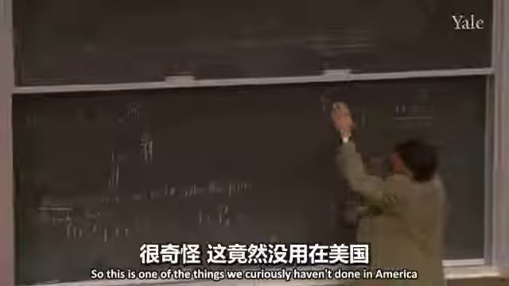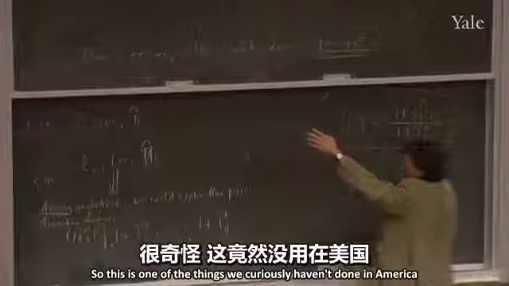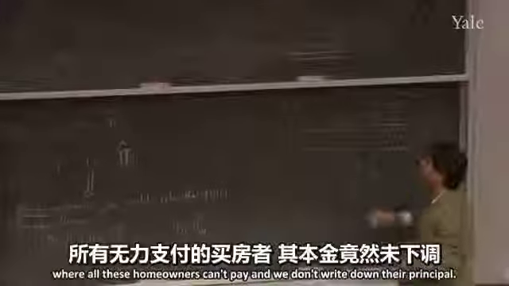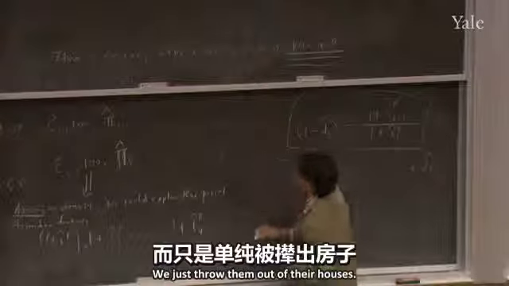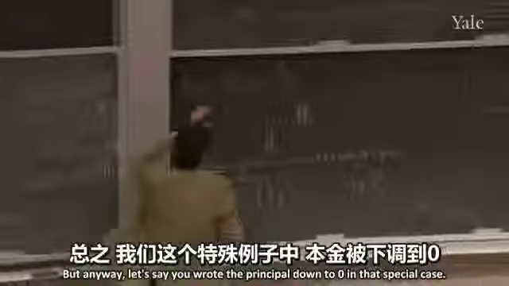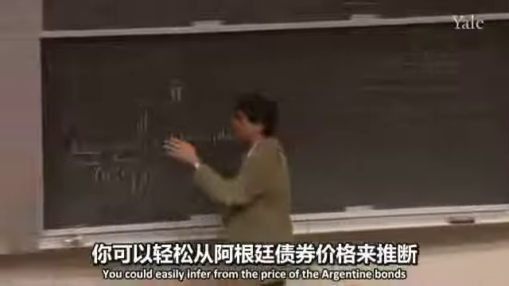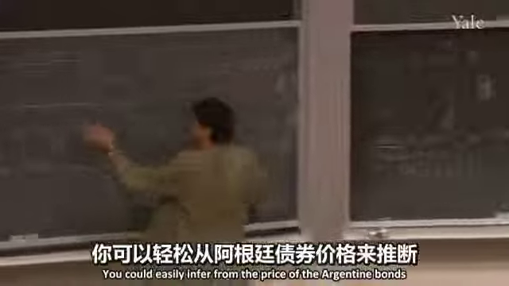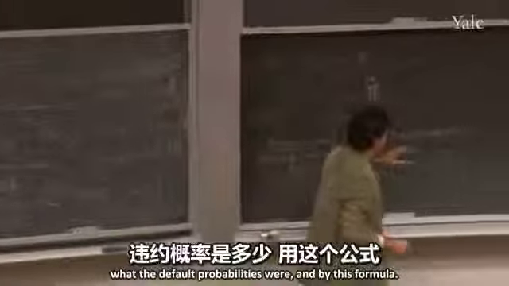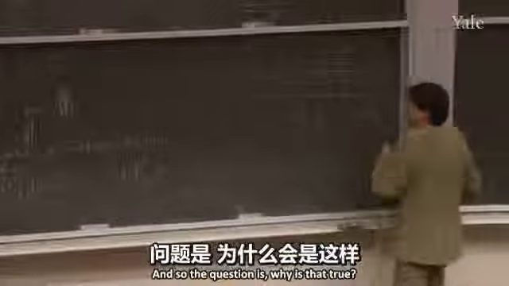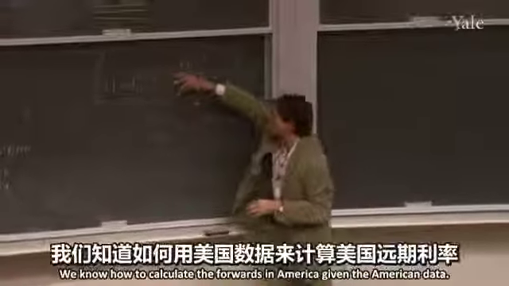This is one of the things we curiously haven't done in America, where all these homeowners can't pay, and we don't write down their principal. We just throw them out of their houses. But anyway, let's say you wrote the principal down to 0 in that special case. You could easily infer from the price of the Argentine bonds what the default probabilities were, by this formula. And so the question is, why is that true?